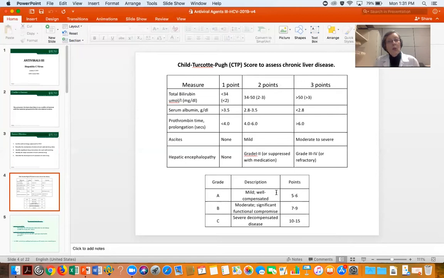So 5 to 6 points describes a mild, well-compensated infection, and that's grade A. And then as we get significantly more functional compromise, we go to grades B and C. So the reason I give that to you is it's mentioned in choosing antiviral therapy as to whether a patient can tolerate certain combinations.